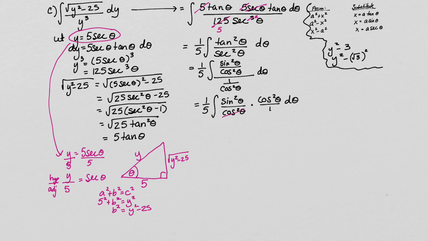That's pretty nice because the cosine squareds cancel each other out. So this is going to be 1/5 the integral of sine squared theta d theta. Okay, questions? We still haven't integrated yet. All we've done is a bunch of algebra.